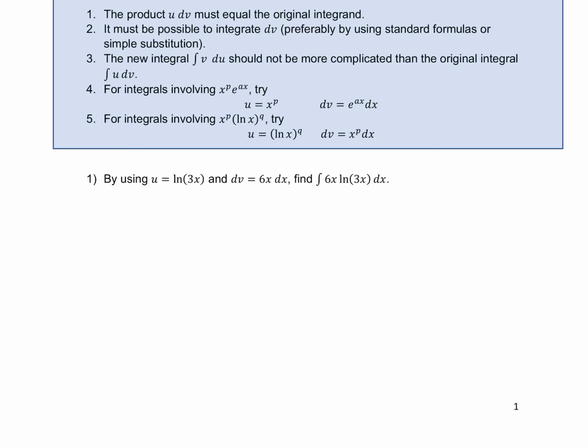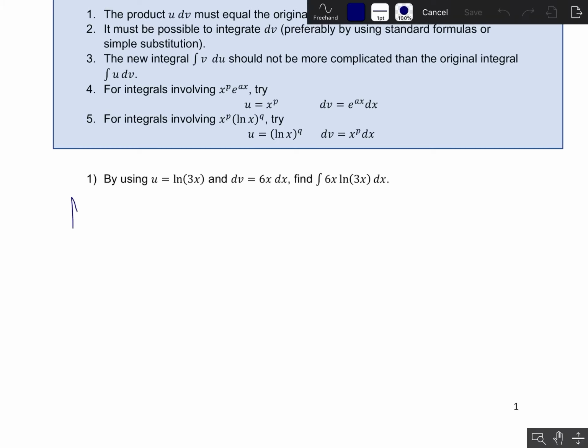So here we're told what u and dv should be. So we want to be integrating 6x times ln of 3x dx. And here the idea is that we're going to rewrite this as the integral of ln of 3x times 6x times dx. And this part, the ln, I'm going to call that u.